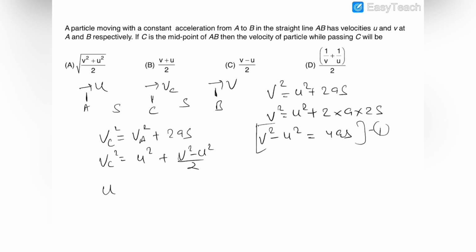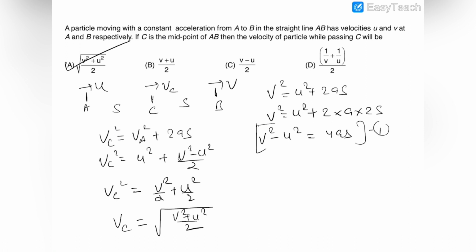Okay, so you can see that Vc square is equal to V square by 2 plus U square by 2 with a positive sign. So Vc is equal to the square root of (V square plus U square) by 2. So the correct answer is option A.